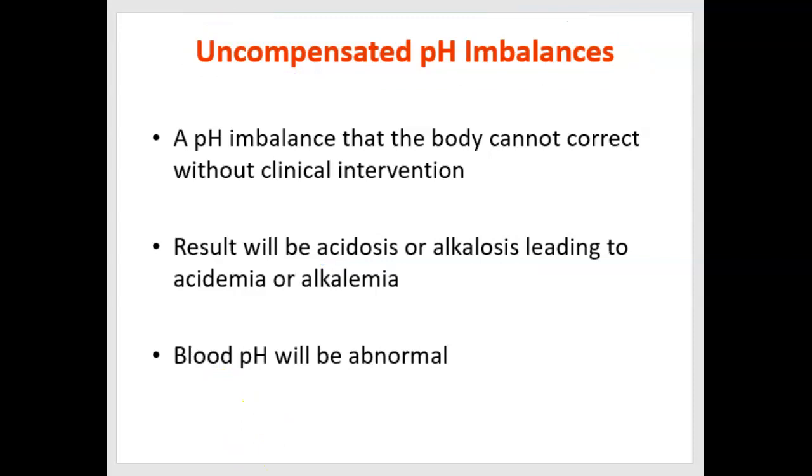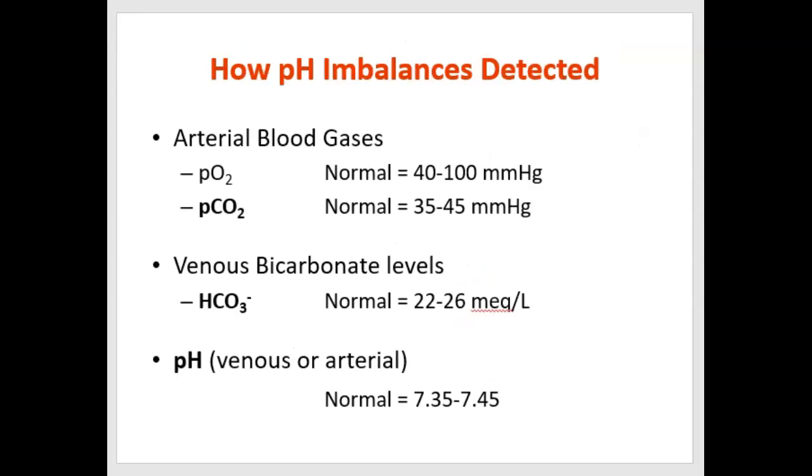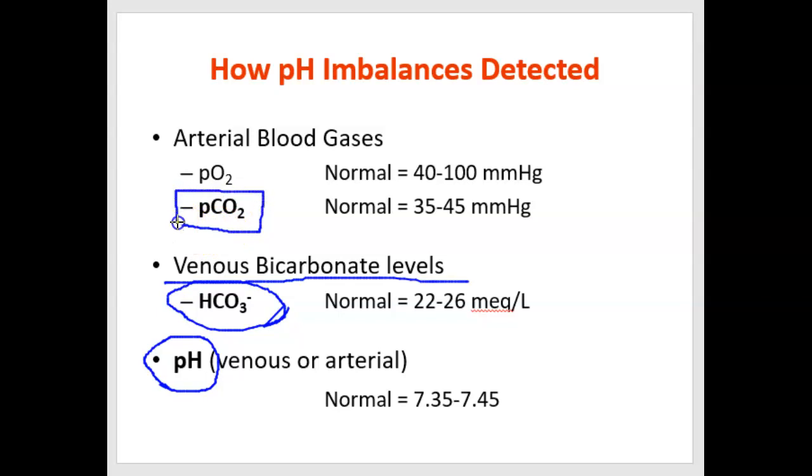And the way that pH imbalances are detected is first by a blood test. They look at venous blood and measure the bicarbonate levels. They can also measure directly either venous or arterial pH. But then to get a level of carbon dioxide, which you want to do if you want to detect whether it's a respiratory cause or not, you have to use arterial blood.